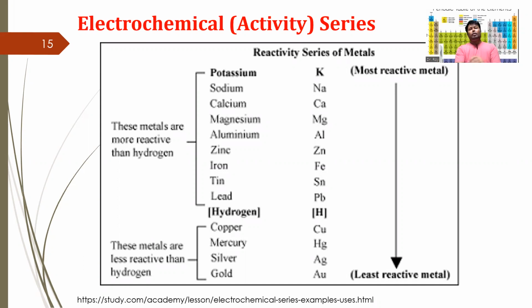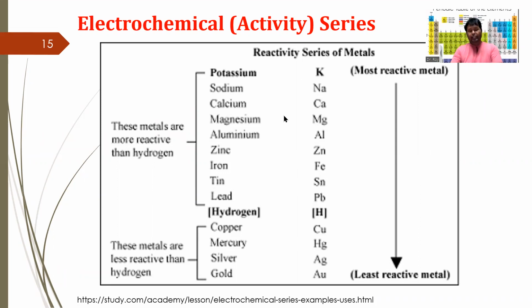As we have mentioned, for a metal, reactivity is the ability to donate electrons. So if we have a solution containing potassium, sodium, calcium, and magnesium, the potassium will donate electrons faster than any other element in the group, or even in the periodic table.